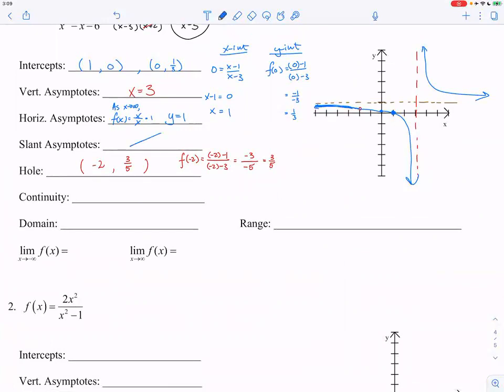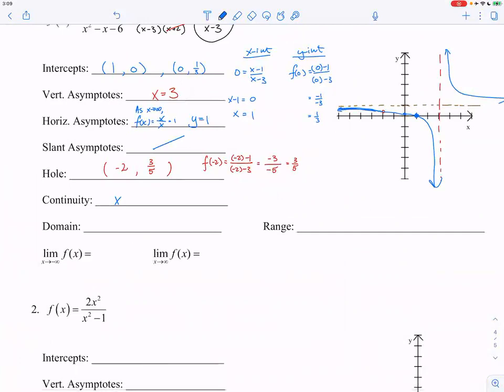There's no slant asymptote, because if you have a horizontal one, there's no slant. The discontinuity, well, is on your worksheet. Let me go ahead and change this, it's discontinuity. So we ask, what x value is the graph not continuous? It was not continuous at the hole and at the asymptote.